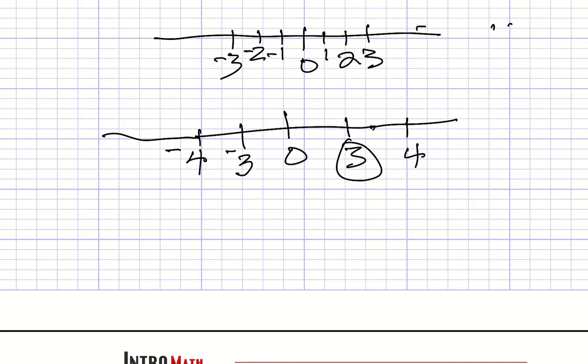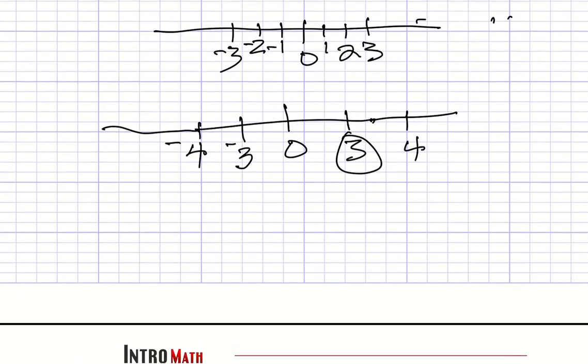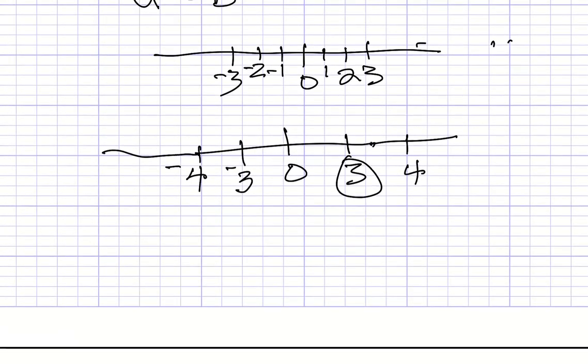Alright? And then note that each opposite are located the same distance from 0, but they have opposite signs. So, if you take 3 and you go to 0, it will be 3 units. And then if you go from 0 to negative 3, it's still 3 units.